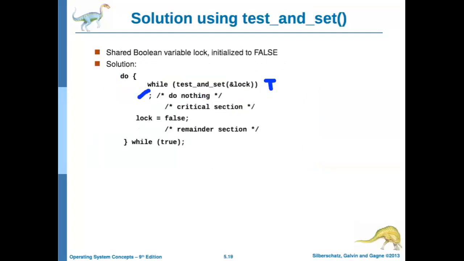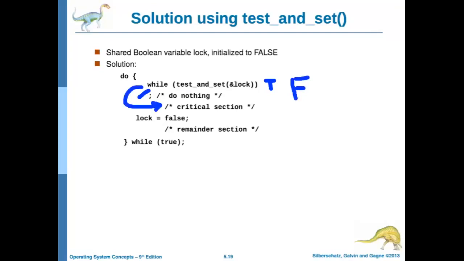But if it returns false, previously nobody was using it, right? So with test and set, what I received is false. Then this condition becomes false, so it won't go into the while loop. It will directly go into the critical section.